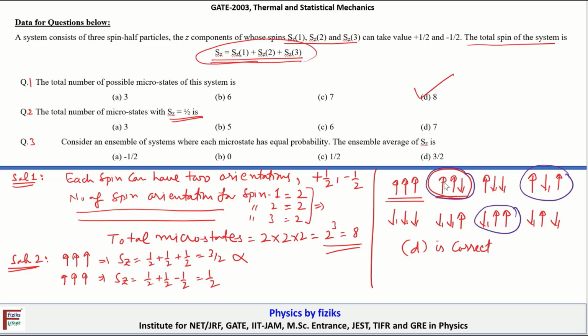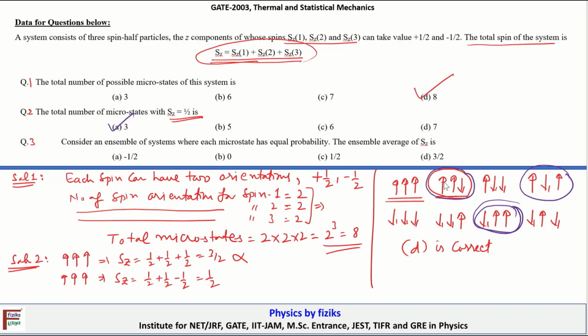Yes, so these are the only 3 configurations for which we have Sz equal to 1 by 2. Therefore for the second question the answer is 3. And the configurations which I have circled with this brinjal color are the corresponding microstates.